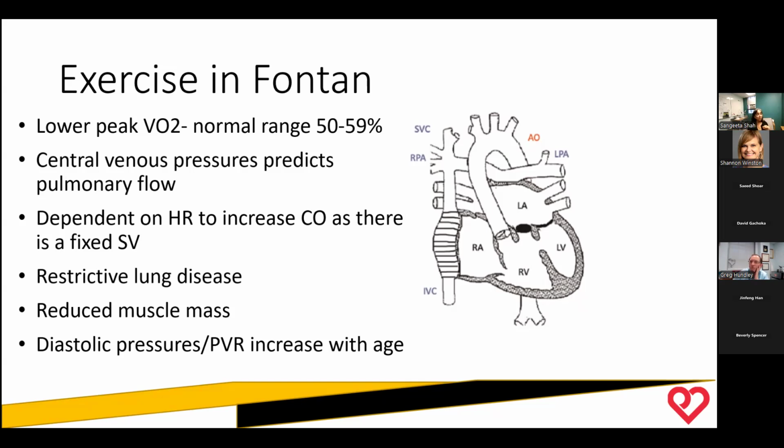These patients also have a reduced muscle mass. They haven't been to the gym a lot. They haven't been exercising. They haven't been participating in sports. As they get older, their diastolic pressures of this ventricle increase and their PVR increases with age. And you can see if those two components start going up, how you have decreased volume going into your pulmonary artery, which is a decrease in your cardiac index.